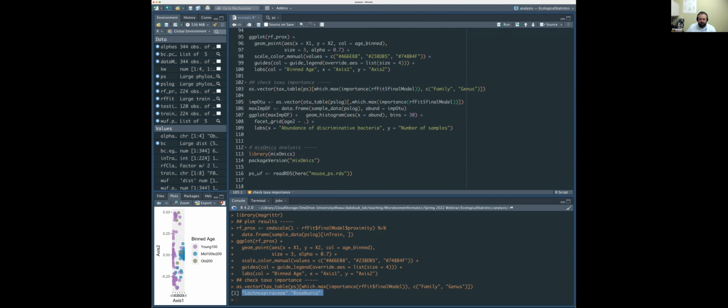And so it'll give you a table with a score for each predictor, each feature in the prediction. So in this case, the top 2 were Lachnospiraceae and Roseburia genera. Lachnospiraceae family and the Roseburia genus.